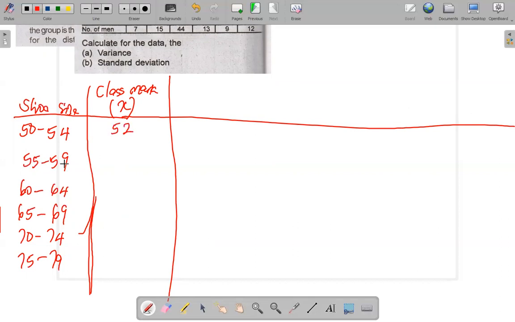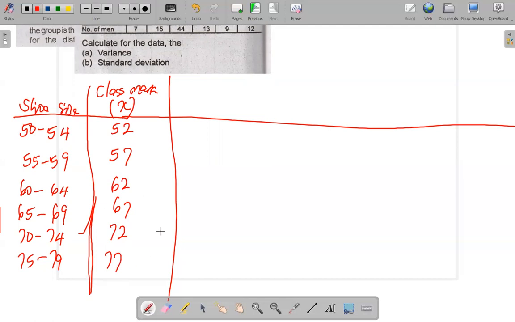Then 55 plus 59 divided by 2 is 57. 60 plus 64 divided by 2 is 62. Then 65 plus 69 divided by 2 is 67. Looking at this data, you can see that it's growing by 5. So to get the next one, we can add 5 to 67, which gives us 72. The next one will be 77.